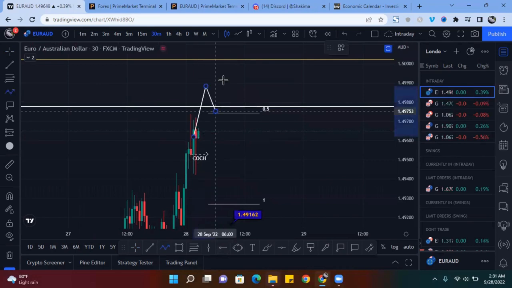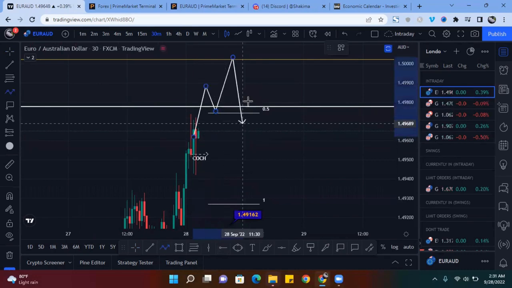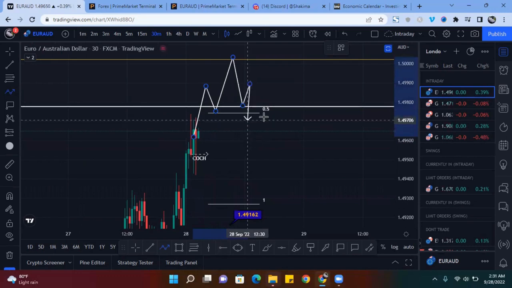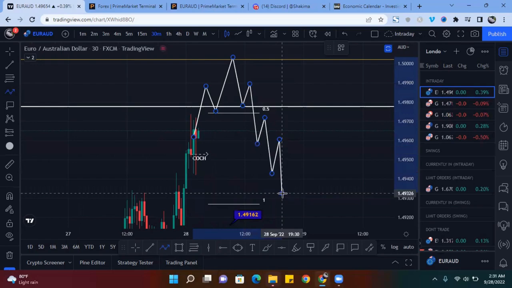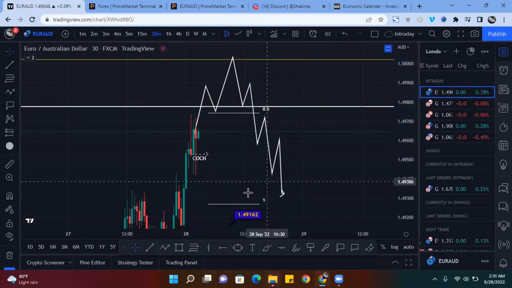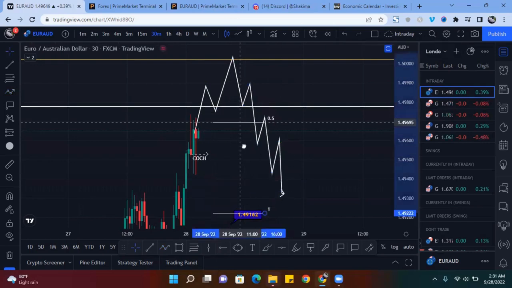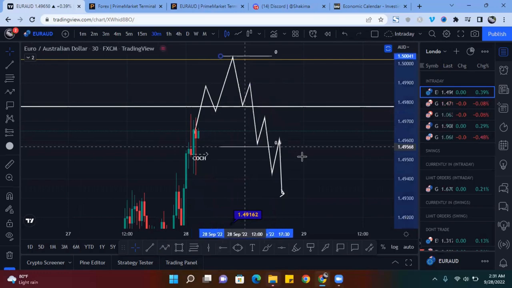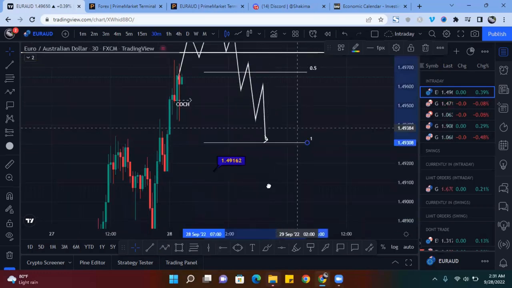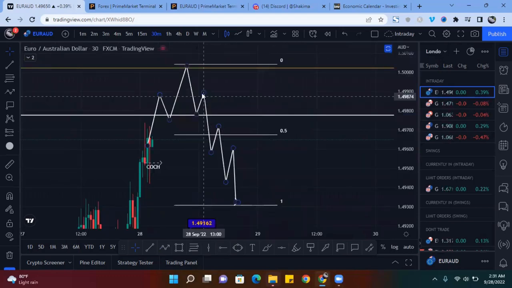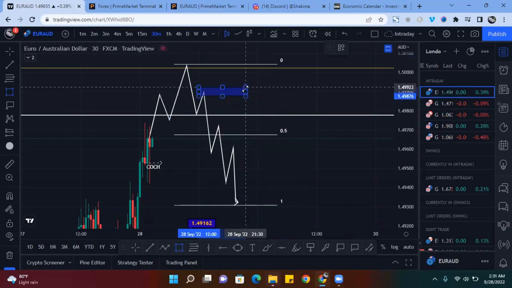draw your premium discount fib, and even if it does all of that, you're going to draw your premium discount fib and essentially find the order block that is responsible for the change of character, which, let's just say, is this one on this lower high, right?